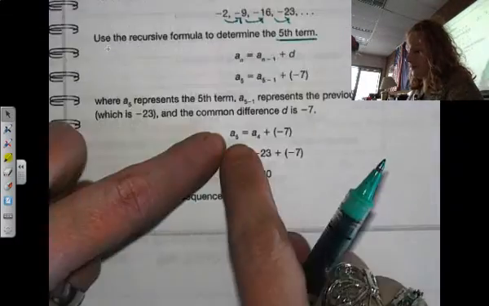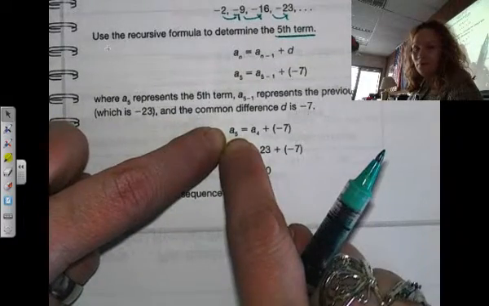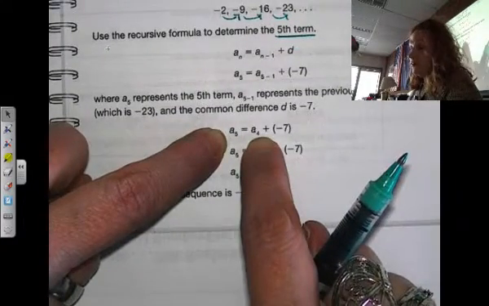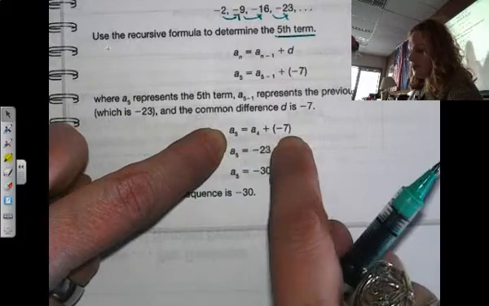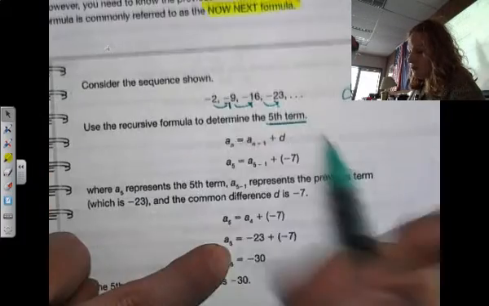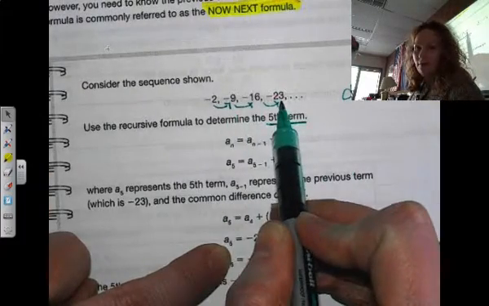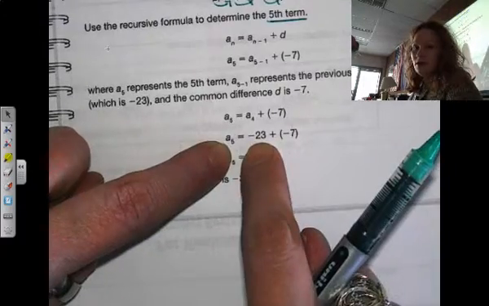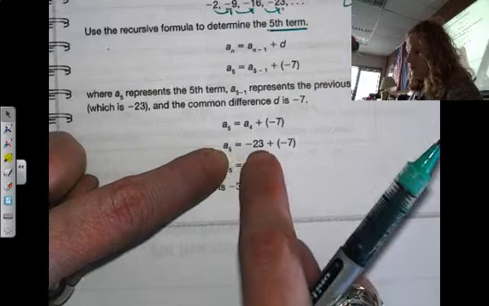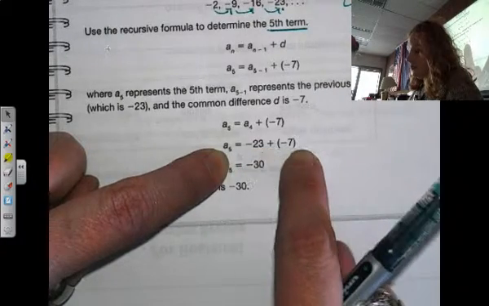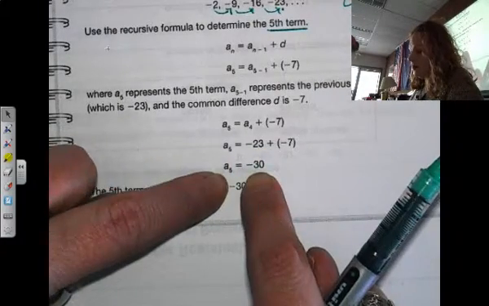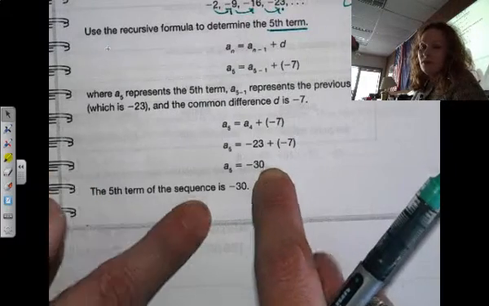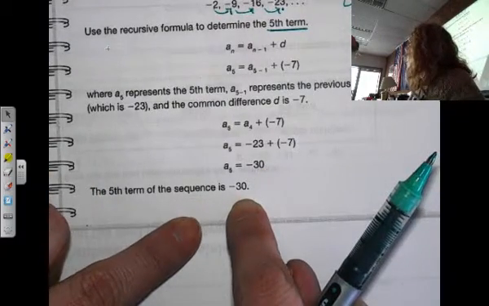So can you see what the 4th term is up here? 1, 2, 3, 4. The fourth term is negative 23, so we sub that in. The fifth term is equal to negative 23 plus a negative 7, or negative 30. So the fifth term of the sequence is negative 30.